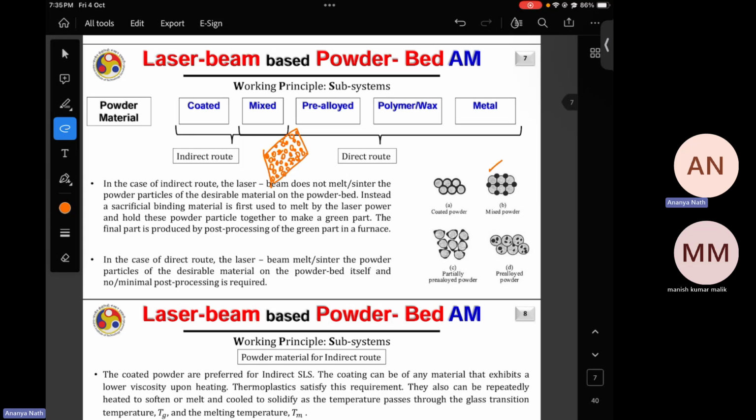But pre-alloyed means if this is your powder container now and you are having powder, all these powders will have nickel and titanium both together. Yes, these are pre-alloyed. Pre-alloyed means first the titanium was melted and then the nickel was melted. Both of them were poured at the casting mold, and both were mixed together nicely and uniformly, and then they were solidified.